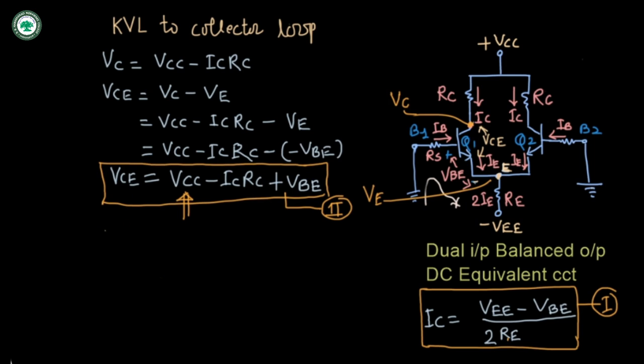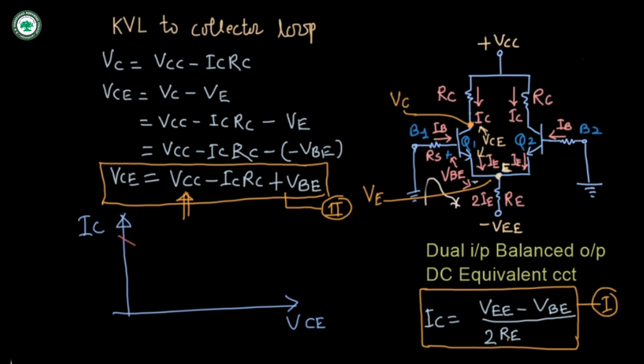so that we will have the proper VCE. If we try to plot the load line, it will look like this. So this will be current IC on the y-axis and the voltage VCE on the x-axis.